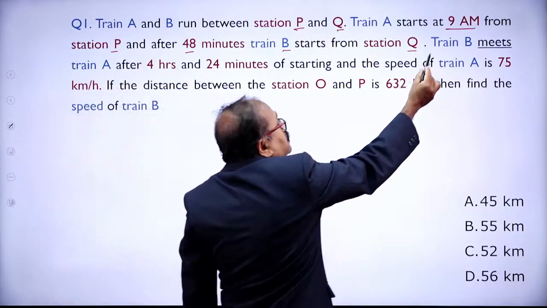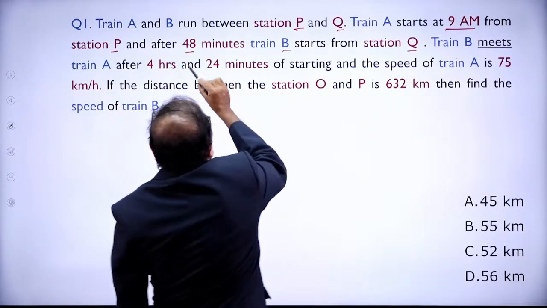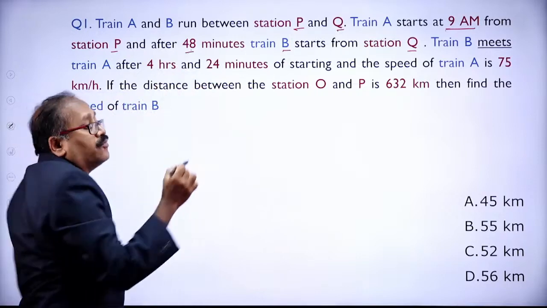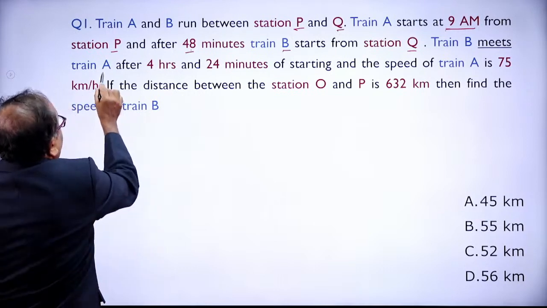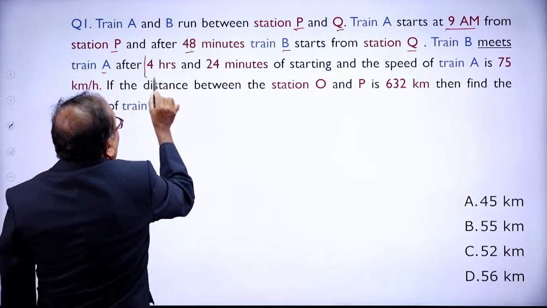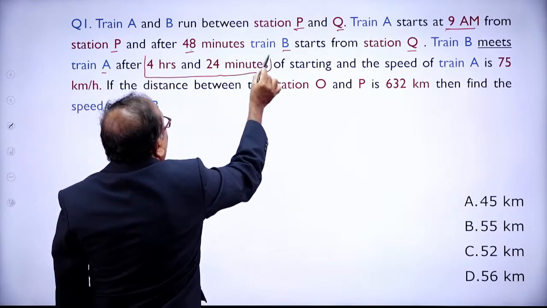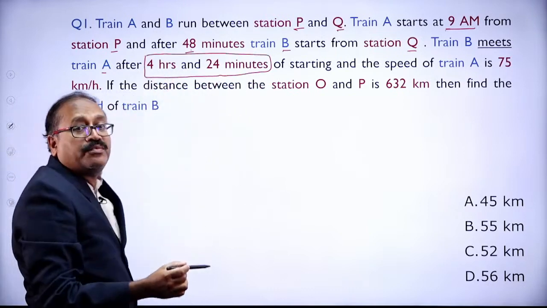That means the first one starts at 9 a.m. and the second one starts at 9:48 a.m. Train B meets train A after 4 hours 24 minutes.